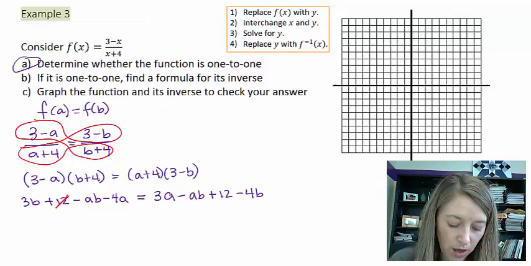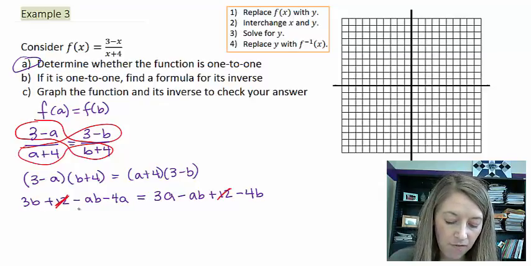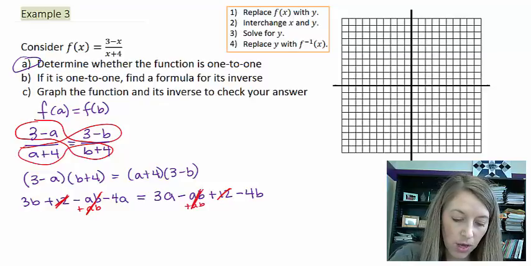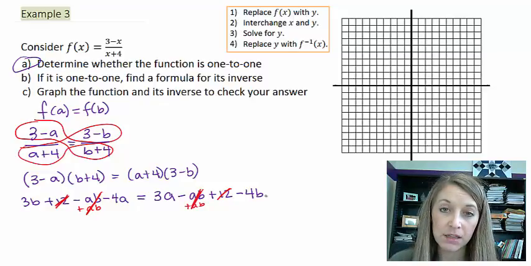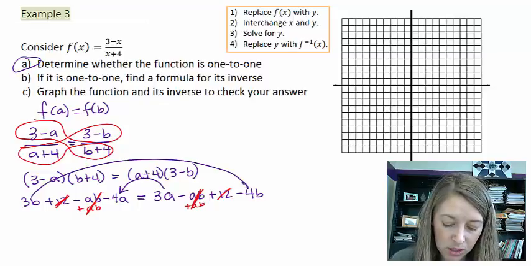If I subtract 12 from both sides, that eliminates the 12 from both sides. If I add an ab to both sides, that would cancel out my ab from both sides. So at this point, I have an a and a b on opposite sides. Let's move them to be on the same side. So let me move my a's to the left, and let me move my b's to the right.